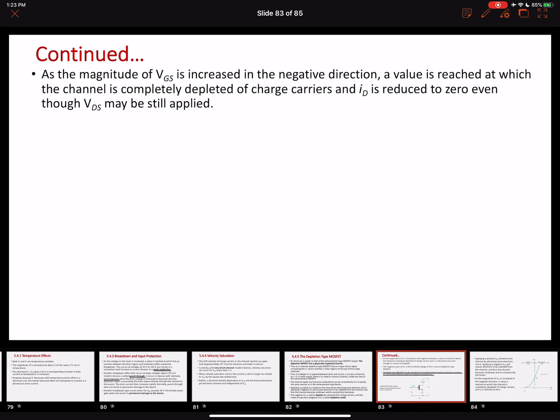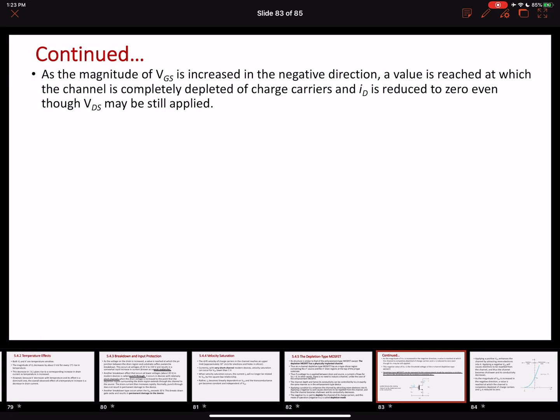Okay, so this is what we just talked about. Let's start again. We have a depletion type MOSFET where the N channel is already there. We apply a VDS and a current will start to flow. Then we applied a gate to source voltage. Its conductivity starts to increase and our current will start to increase.